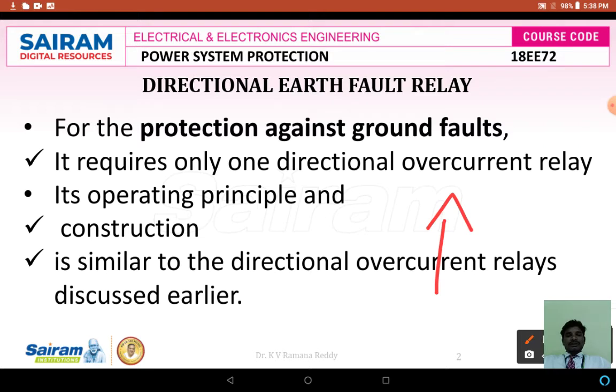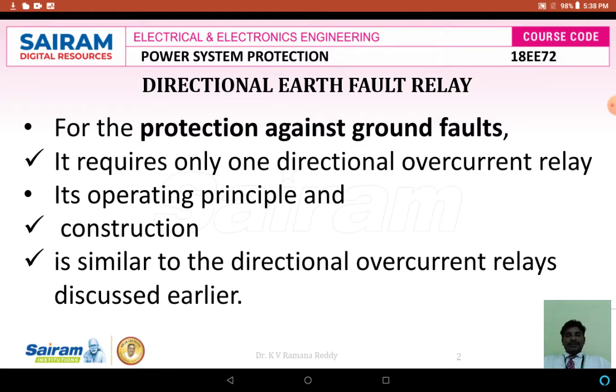If the fault current is coming opposite to this direction, then the directional earth fault relay is very sensitive to those fault currents, and it can easily identify those faults. After that, it isolates the faulty section of the system from the healthy section by generating a command signal towards the circuit breaker. So for protection against ground faults, it requires only one directional overcurrent relay.